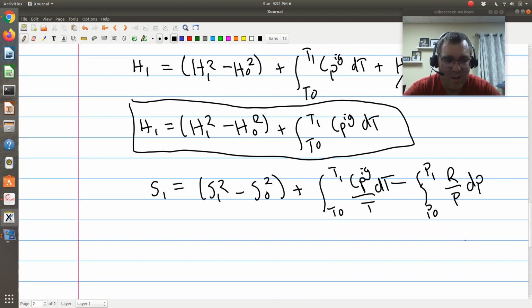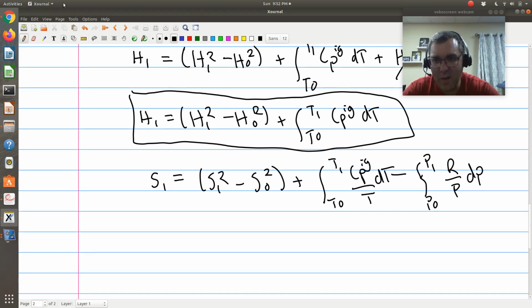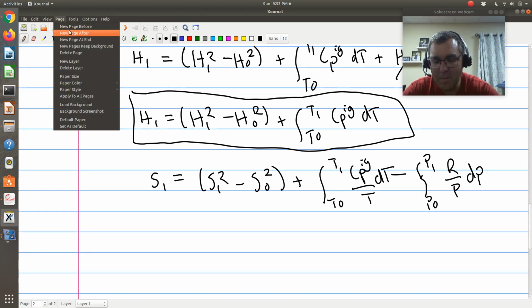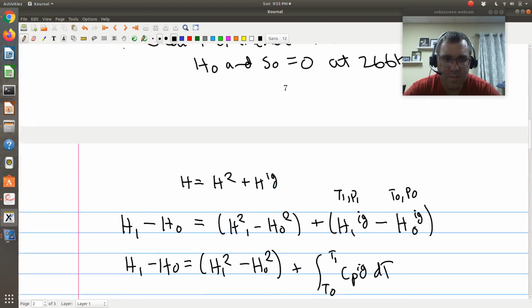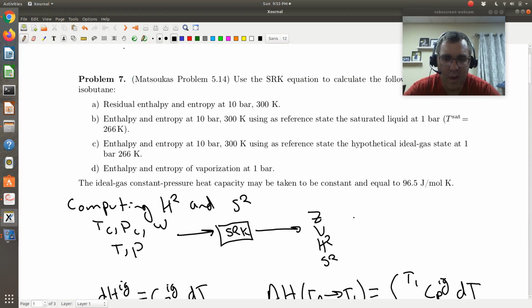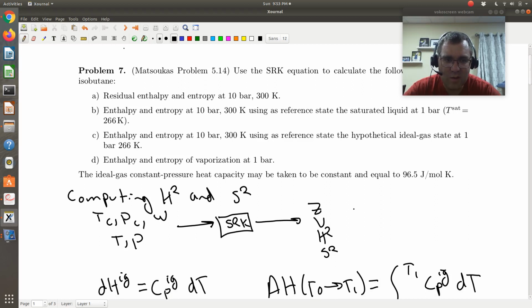All right, so let me add another page and let's look at the next problem. If we look at C, C says now we're going to take our reference state to be a hypothetical ideal gas at 1 bar and 266 Kelvin.